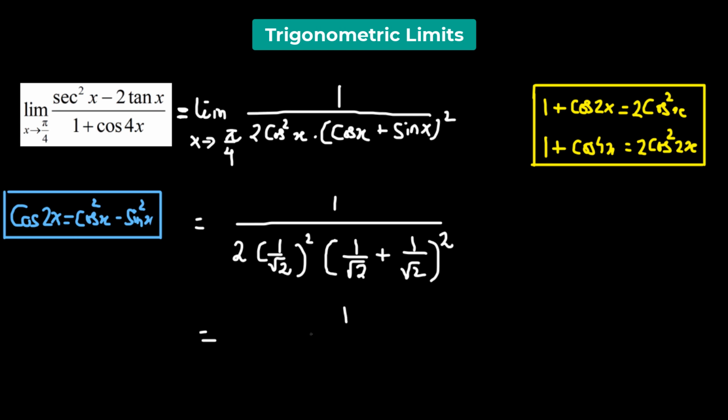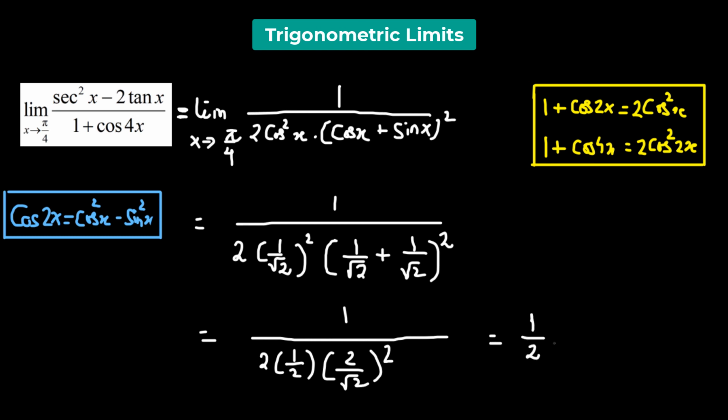So that gives us 1 over 2 times half times 2 over root 2 whole squared, and this is going to give us 1 over 2. So this is going to be the limiting value of the given function when x approaches pi over 4.